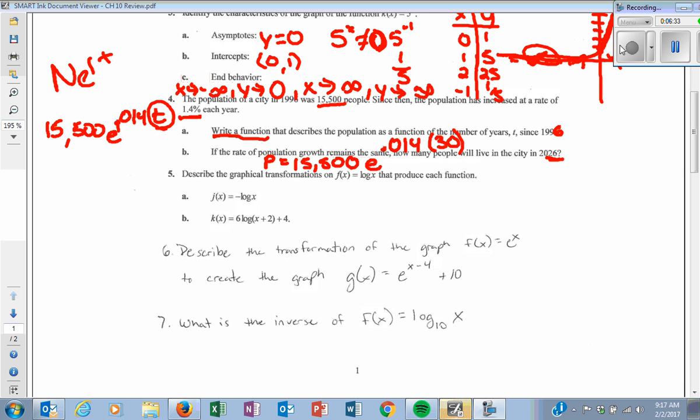What you're going to do is, in a calculator, multiply these numbers together. So you're going to hit in your calculator 0.014 times 30. You're then going to hit in your calculator e to that power.